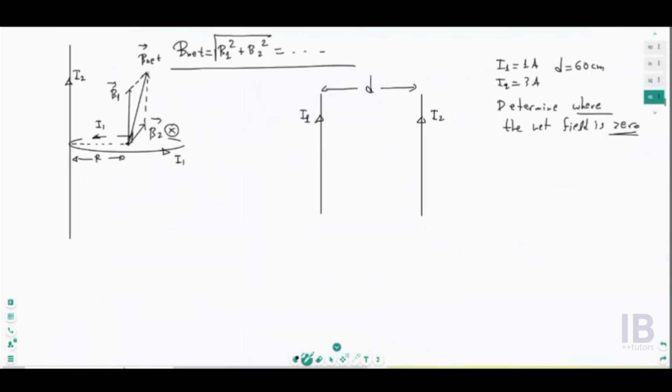The second one, 3D dimensions, which means perpendicular to the level of the screen, and you need the Pythagorean. And finally, sometimes it says two wires, and we want to determine a point or more than one point, any, that the net field should be 0. Think about it and tell me if you have any ideas.